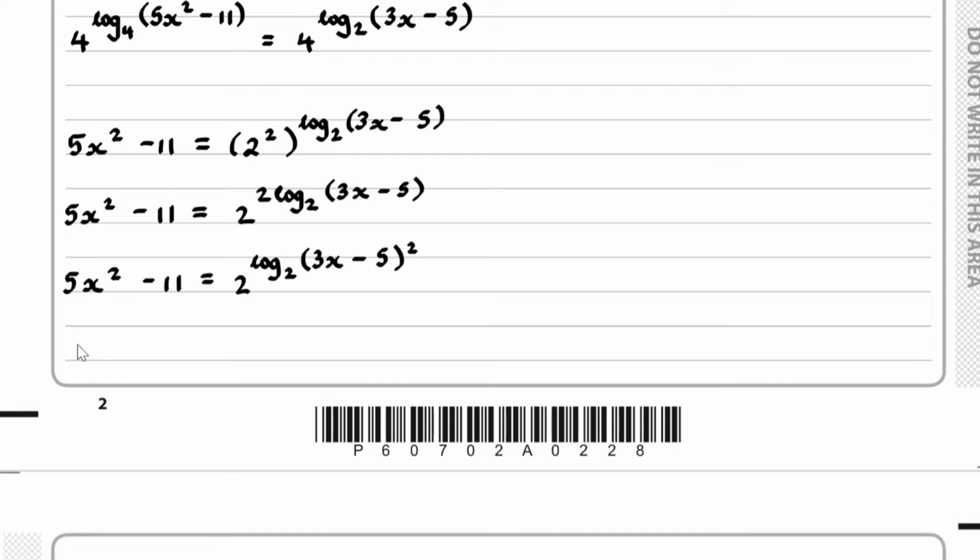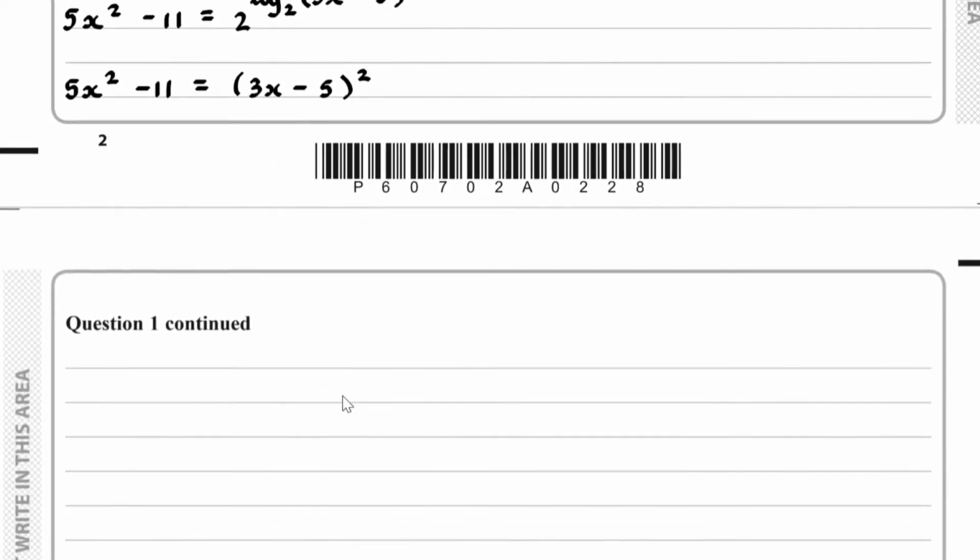And therefore, we have 5x squared minus 11 equaling 3x minus 5 squared. And so, 5x squared minus 11 is equal to 9x squared minus 30x plus 25.